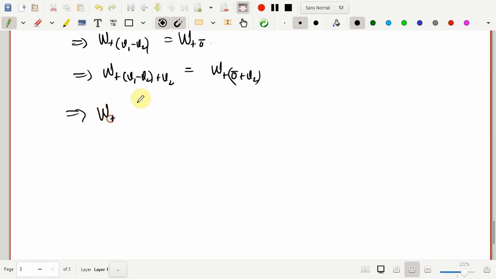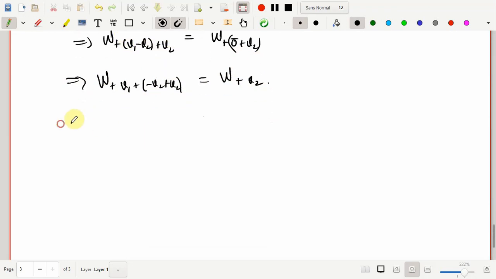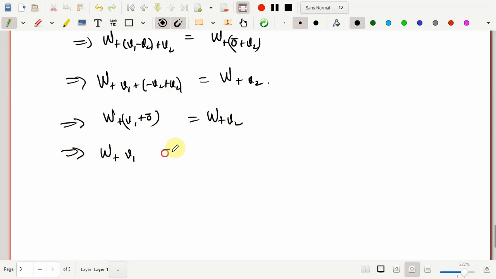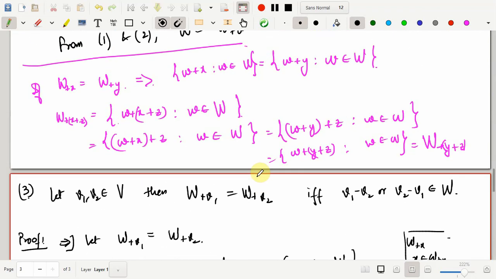Now this addition and minus after this stage is in V. So this can be rewritten as V1 plus minus V2 plus V2, and this is the same as W plus 0 plus V2, which is V2. If you want, you can put a bracket here. So this is the same as writing W plus V1, this is the same as 0 bar. This is W plus V2, and now you know that W plus V1 plus 0 is nothing but V1. So with this we have proved the above observation, right?